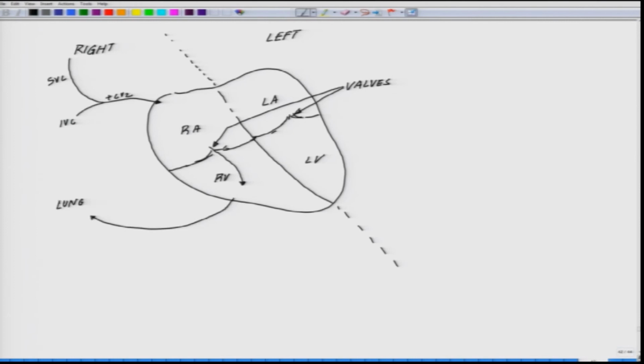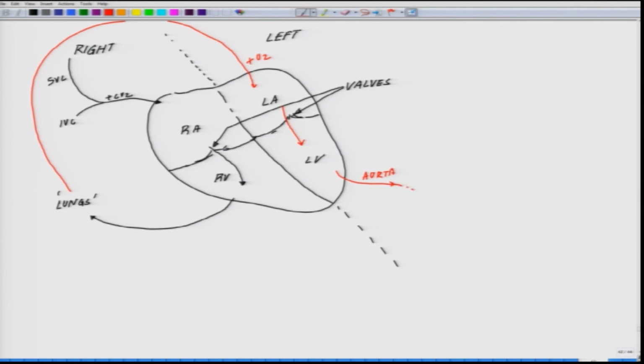I am not introducing the geometry or the anatomy of the lungs here, because that will make things confusing, whereas the oxygenated blood comes to the left atrium here, moves to the left ventricle, and from here is the aorta, which is carrying it all over the body.